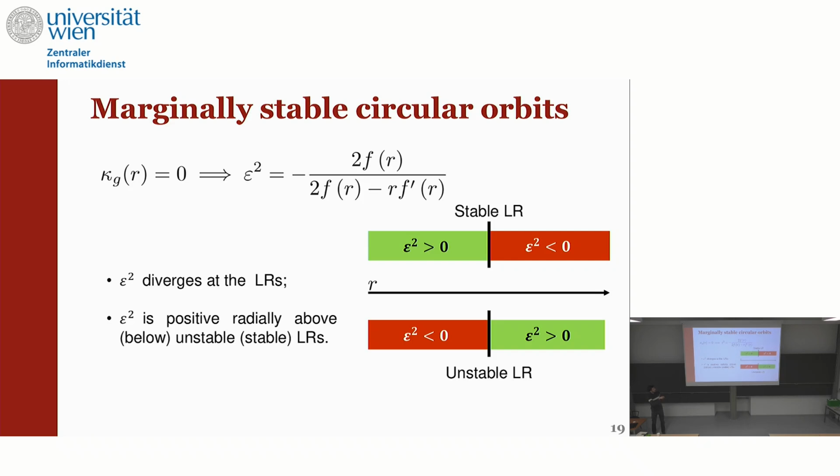Regions with positive energies are those where time-like circular orbits are allowed, and those with negative energies are those where the time-like circular orbits are not allowed. And since the stability of the light ring is determined by the slope with which it crosses the axis, we see that if we have a stable light ring, then radially above we have no time-like circular orbits, and radially below we have, and vice versa for the case of the unstable light rings.